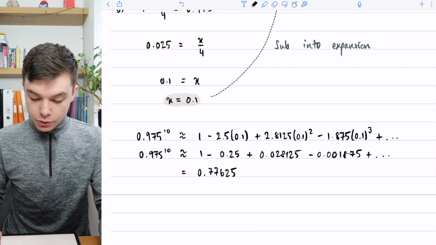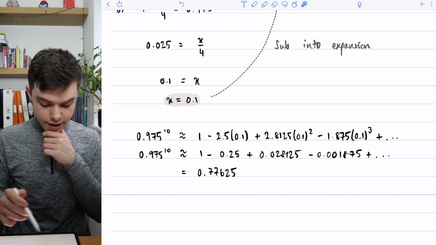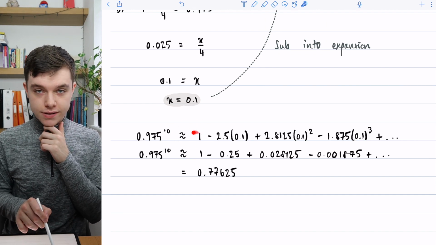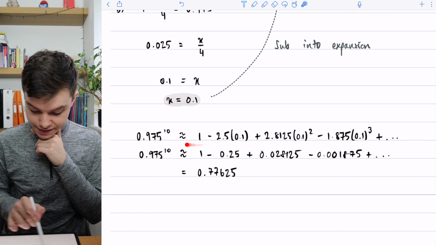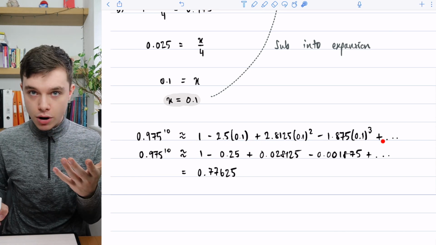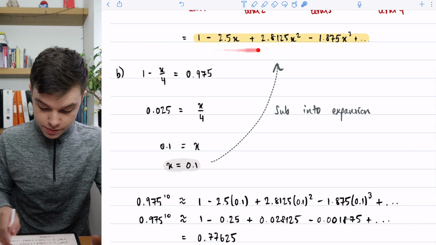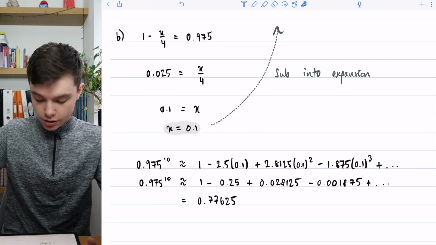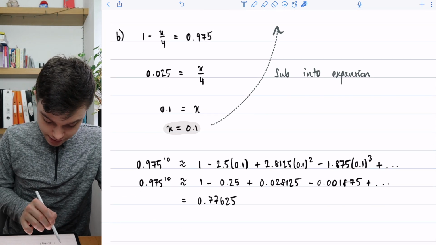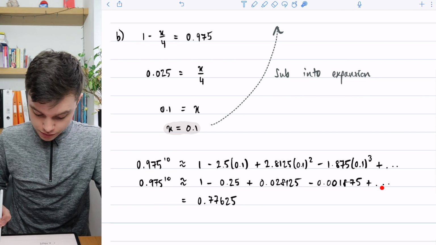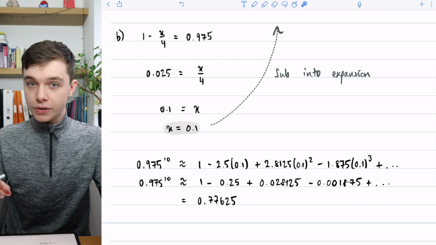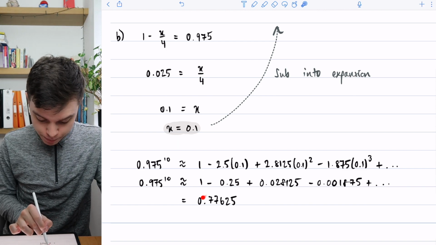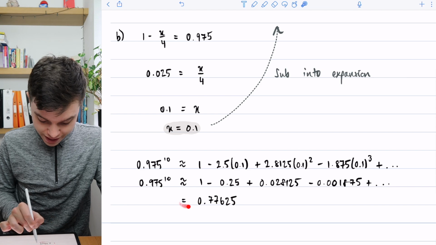0.77625. Now, just notice the signs here. What I have done is I've used an approximation sign here. I've said this is approximately this expansion here, and it's approximate because of the first 4 terms in the expansion. We're not using all the terms. Then I've said, okay, simplify it, that is still approximately equal to that. But then I've used an equal sign here. And the reason I've used an equal sign is because the line above is equal to this.